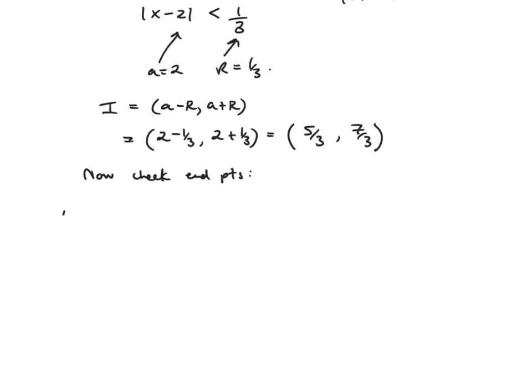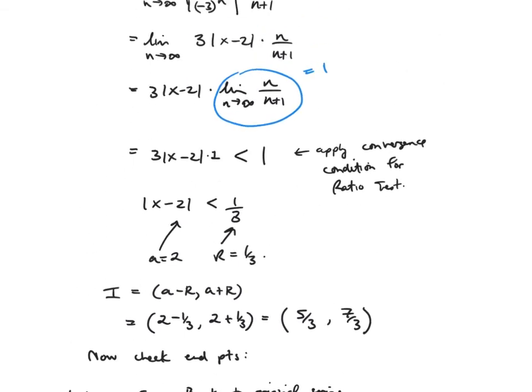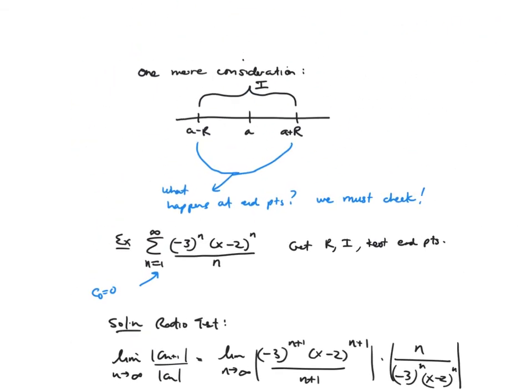I'm going to first try letting x equal 5 over 3. And I'm going to go back to my original series and simply plug in x equals 5 over 3 into that expression. Just to remind you, the original series is right up here.